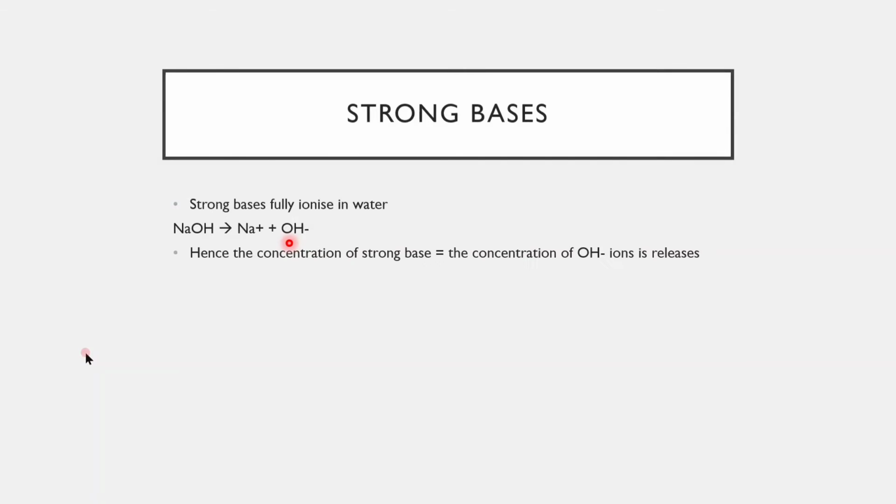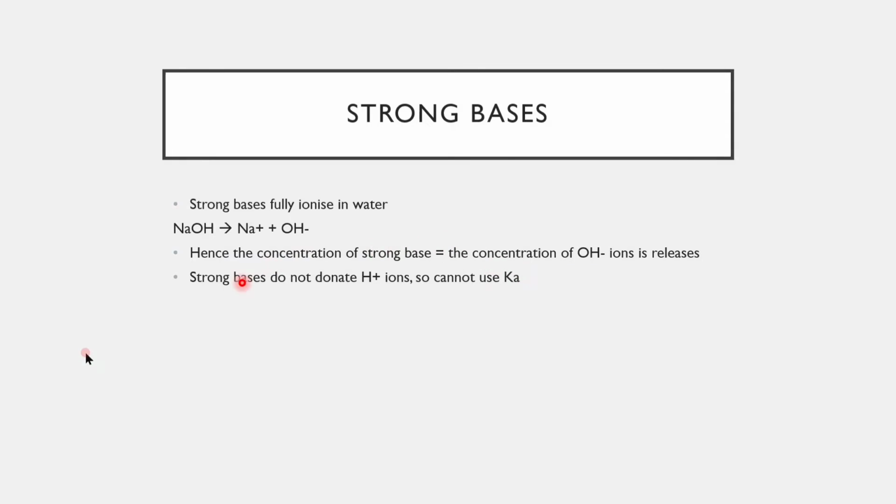And because this reaction goes to completion, the concentration of our strong base, in this case sodium hydroxide, is equal to the concentration of OH minus ions it releases. Because the reaction goes to completion, we don't need an equilibrium constant to tell us how much of our ionized product we have formed.